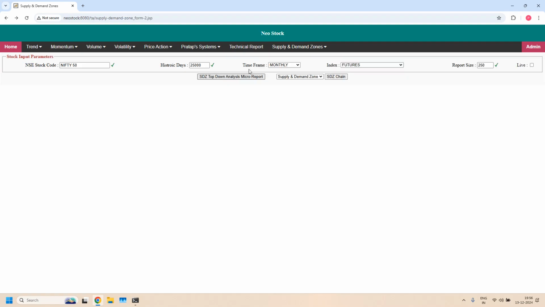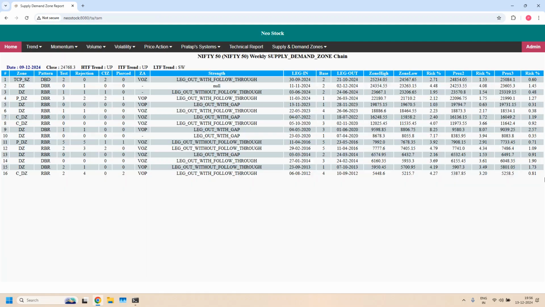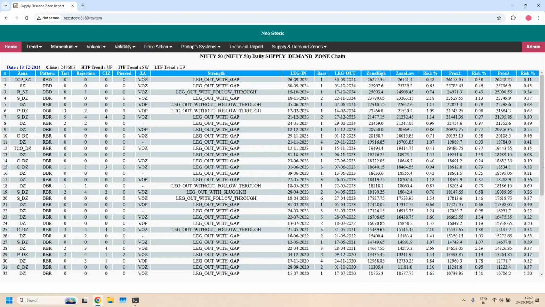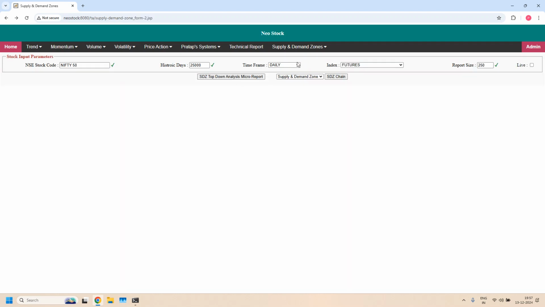Okay, next, weekly supply demand zone chain for Nifty. Next, daily supply demand zone chain for Nifty. Next, 125-minute supply demand zone chain for Nifty.